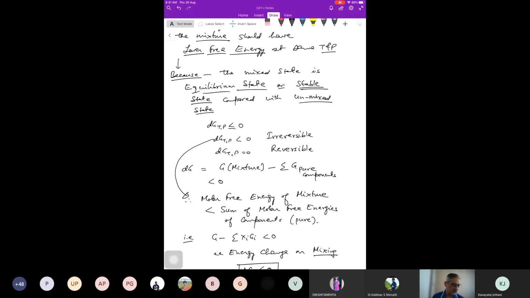So molar free energy of the mixture is less than the sum of molar free energy of the pure components, right? I take this on this side. Okay. So G of the mixture is less than the sum of the free energies of the pure components.